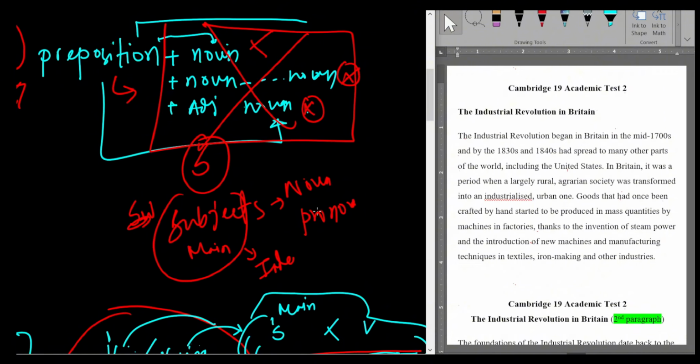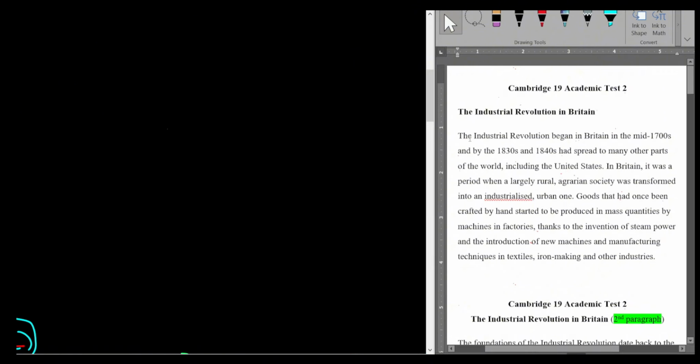Okay, let's begin. The first sentence starts with the Industrial Revolution. As we can see, "the" is the article, and after that we get an adjective, "industrial", and then a noun, "revolution". There is no preposition before this noun, so we can consider it our subject.